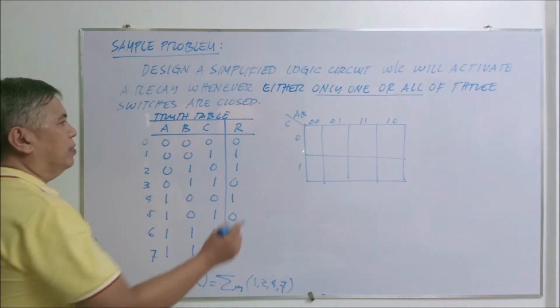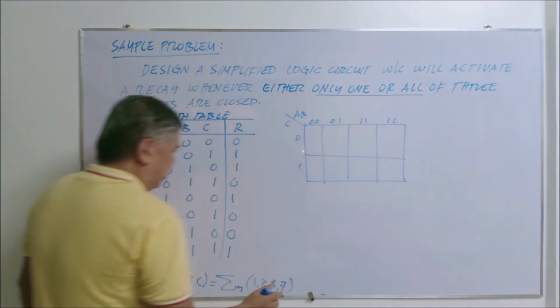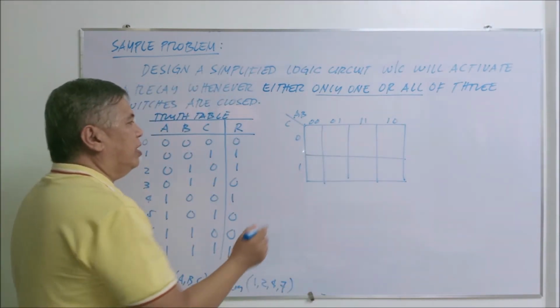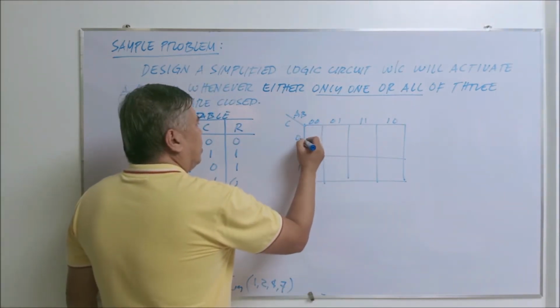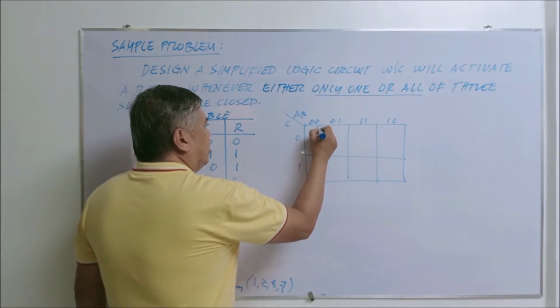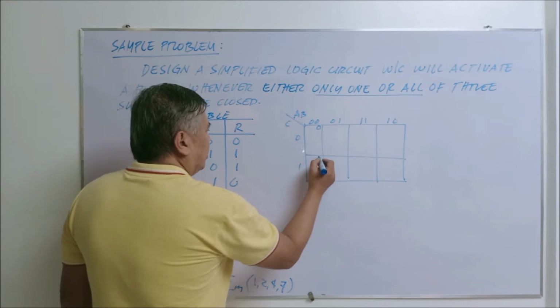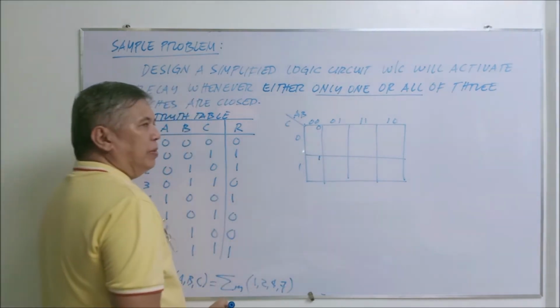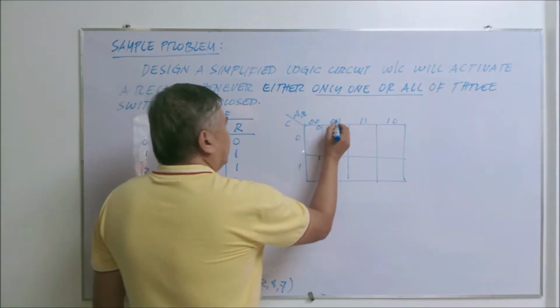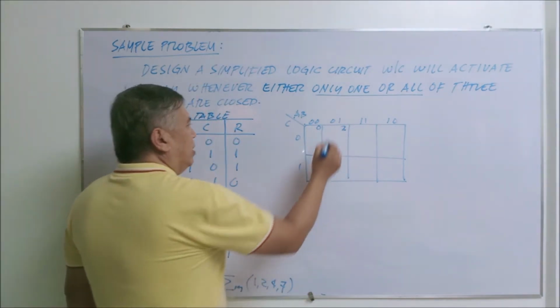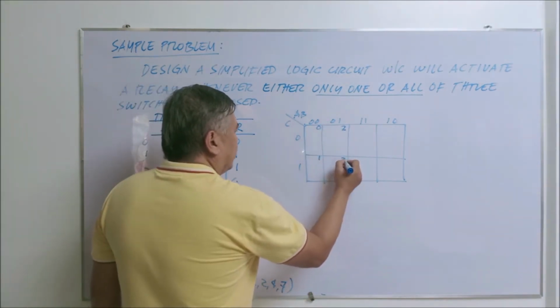Now, how do we locate this decimal equivalent in our map? This is 0, 0, 0, that is 0 in decimal. You have 0, 0, 1, that is 1. Then 0, 1, 0, that is 2. And 0, 1, 1, this is 3.